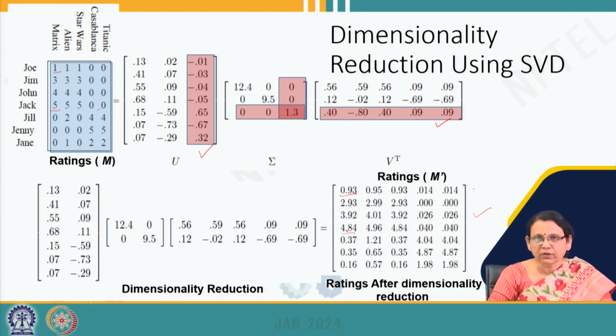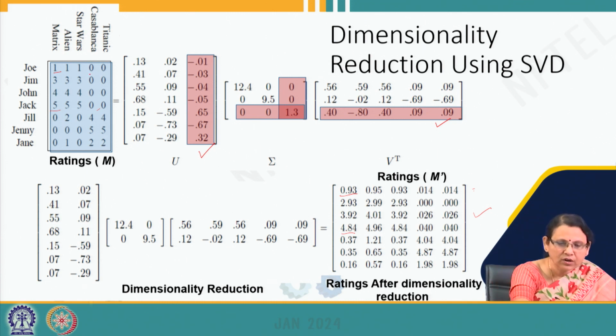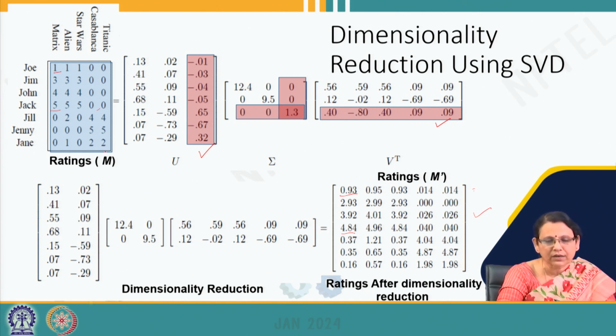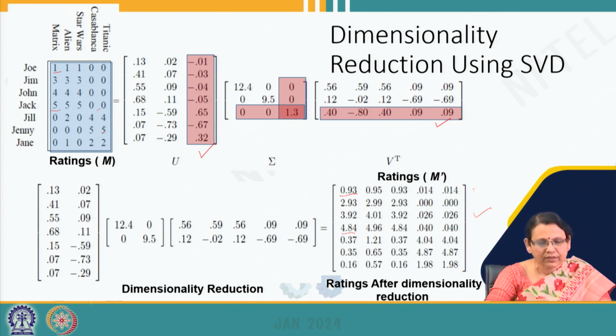And additionally, what was our original problem in the recommender system? Our original problem is if some person has not given a rating, let us say people are giving ratings on a scale of 1 to 5, but these zeros are places where ratings were not given.